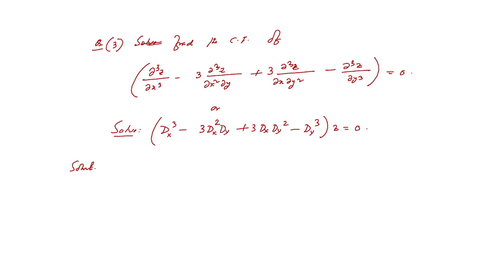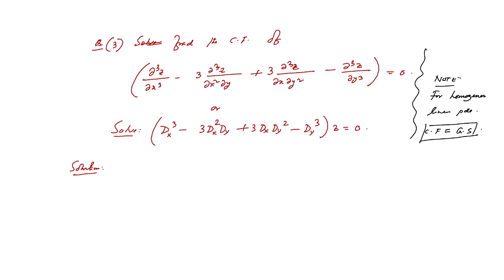So how do we solve this kind of problem? Here we need the complementary function or general solution. Here it is a homogeneous PDE, so note that for a homogeneous linear PDE with constant coefficients, the complementary function and the general solution will be the same.